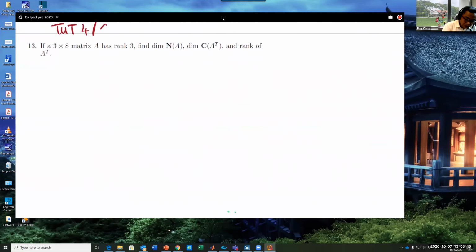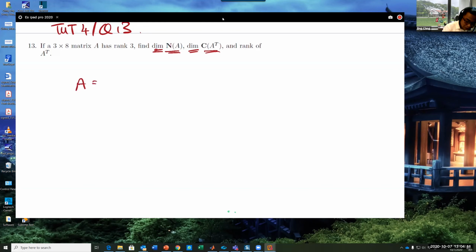Tutorial 4, question 13. You'll realize that questions 12 and 13 ask you to do almost the same thing, always asking you to find the dimension, counting the number of vectors in the vector space, the null space, and then the row space. All right, let's start.